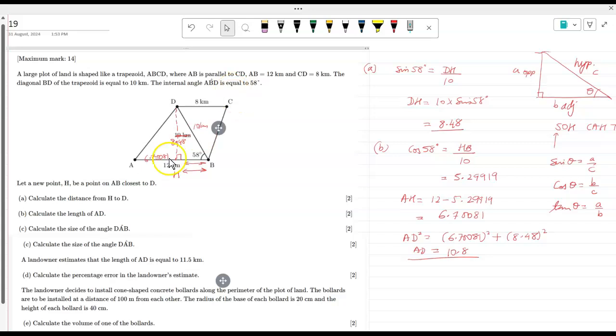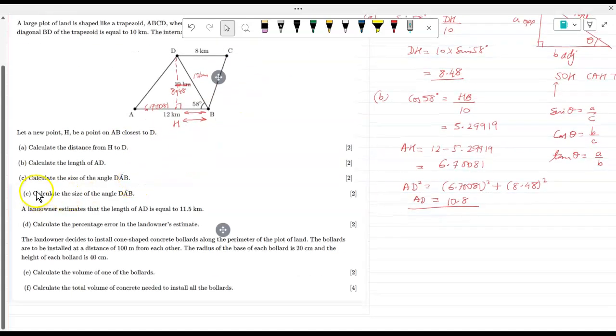Next, calculate the size of angle DAB. What is the size of this angle? Let's call it theta. So tan theta is equal to 8.48 upon 6.70081. Take more significant figures.